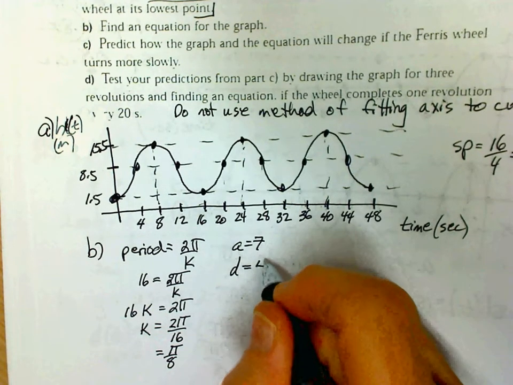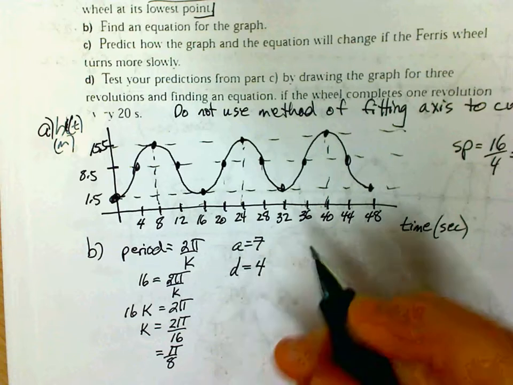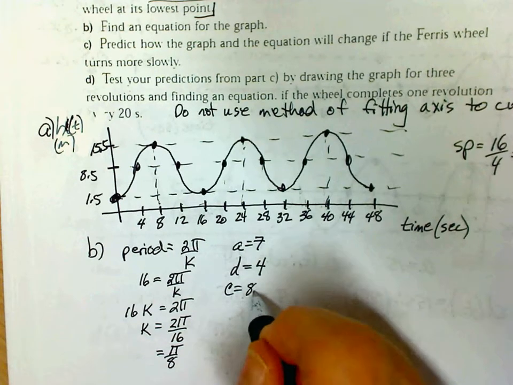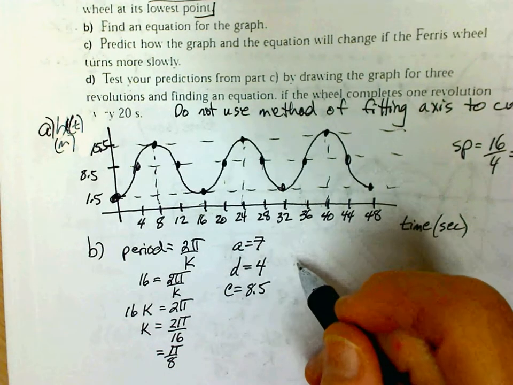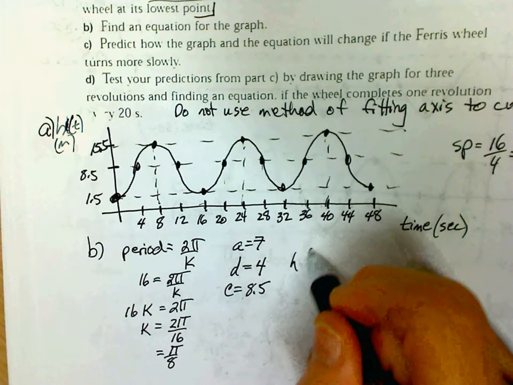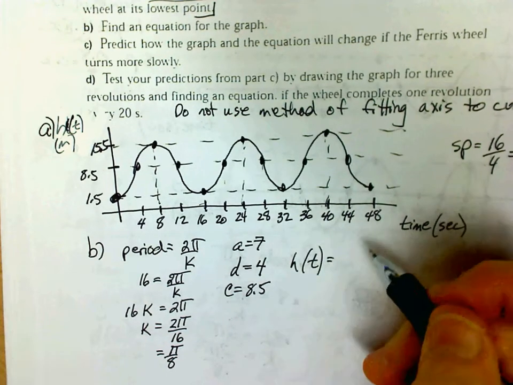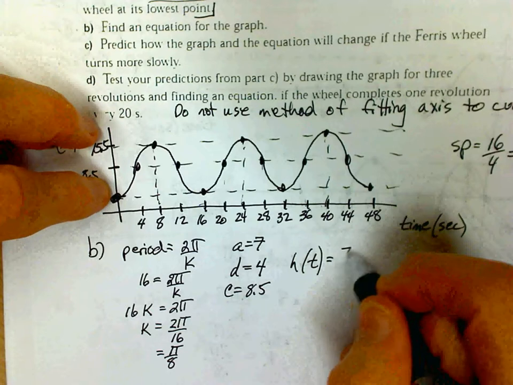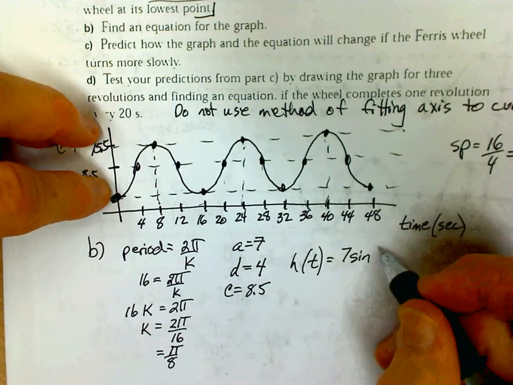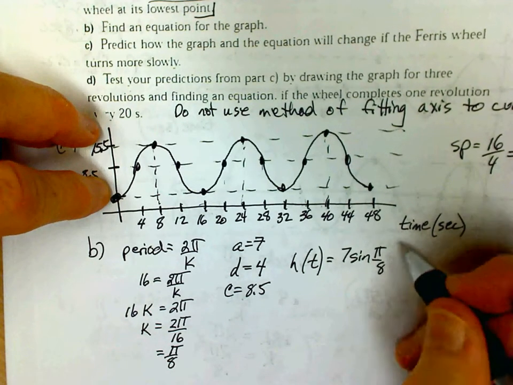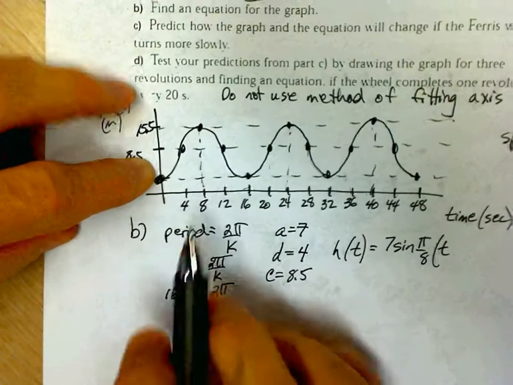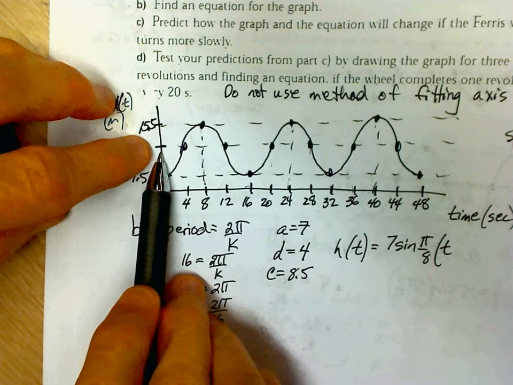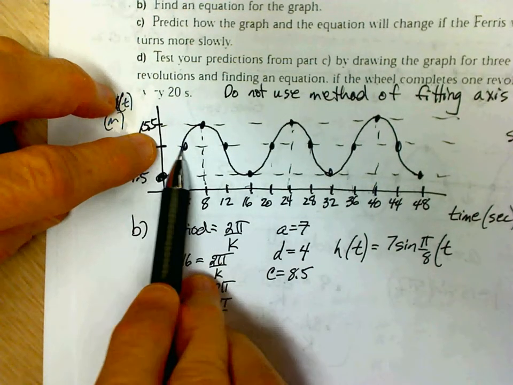So we're ready to fill it in. H of t equals 7 sine pi by 8 t. Normally sine starts there, but it's over 4 seconds to the right, so it's minus 4, plus 8.5.